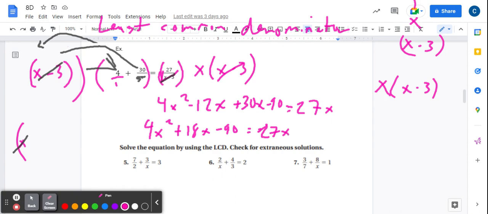And then we can move the 27x over after that because we've got to get it equal to 0. So we end up with an equation of 4x squared minus 9x minus 90 equals 0.